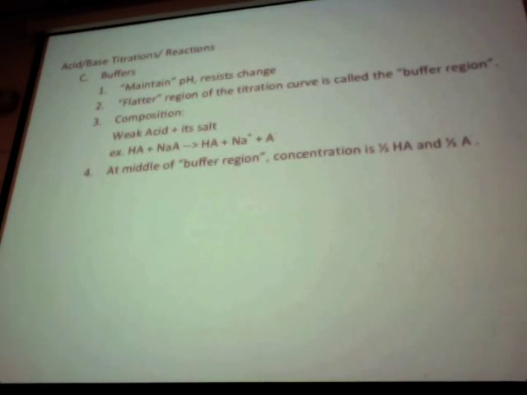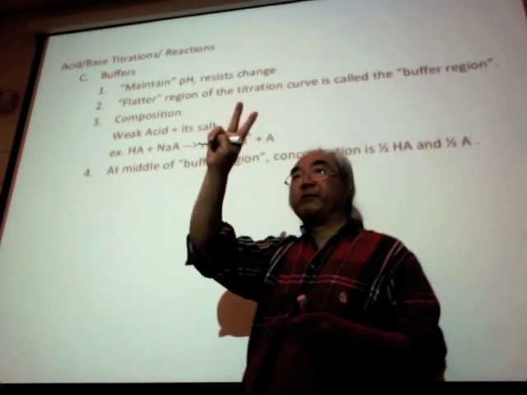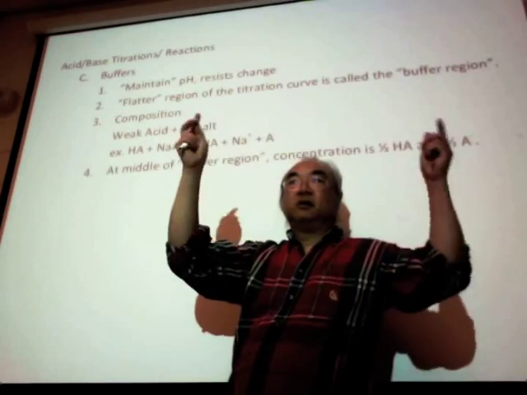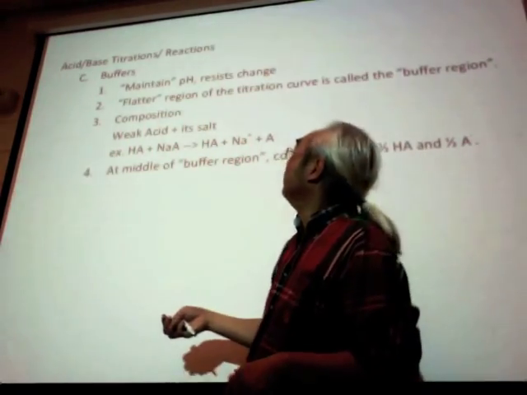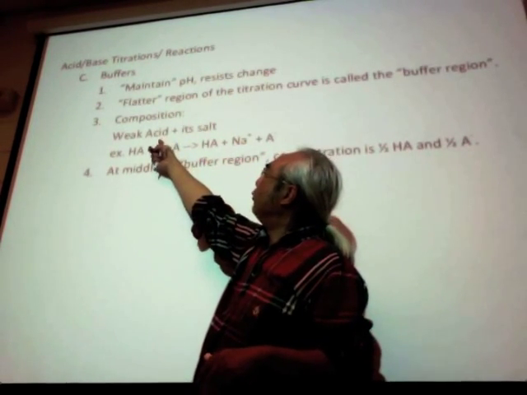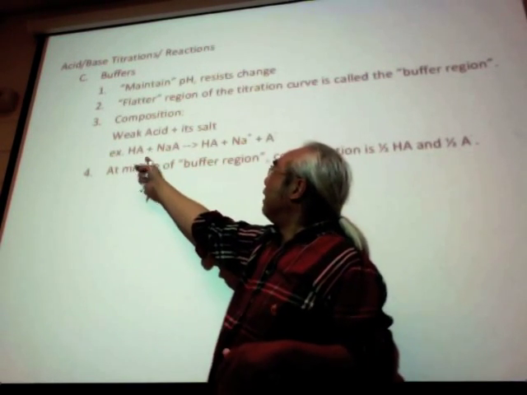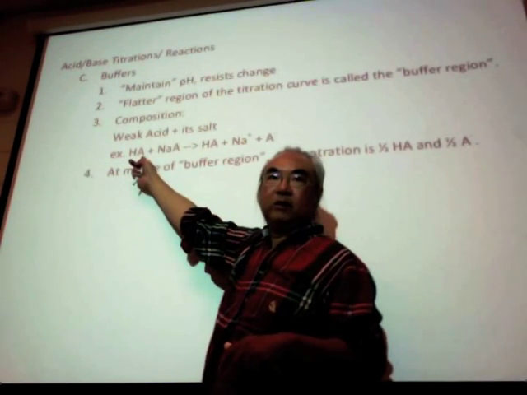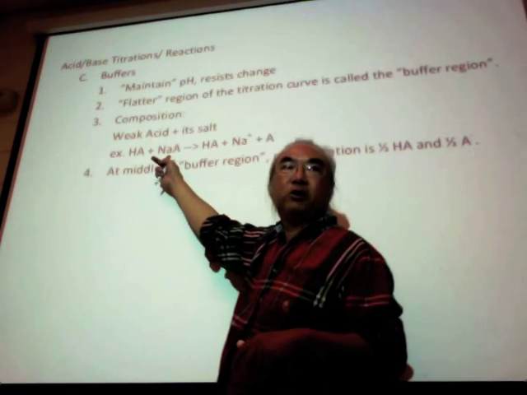Then point number 3, the composition. The composition of a buffer needs the conjugate pair. Two external chemicals are mixed in water as your solvent. It is going to be a weak acid and its salt. So now a generalized formula for the weak acid and its salt. It doesn't have to be a sodium salt.